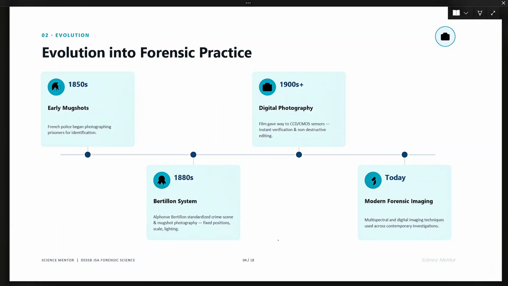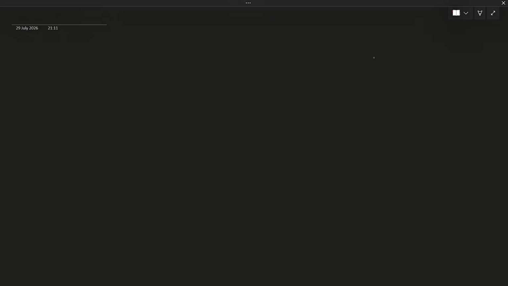So the evolution of the photograph is... let me take a blank slide, add page. Let me take the white pen or red pen.